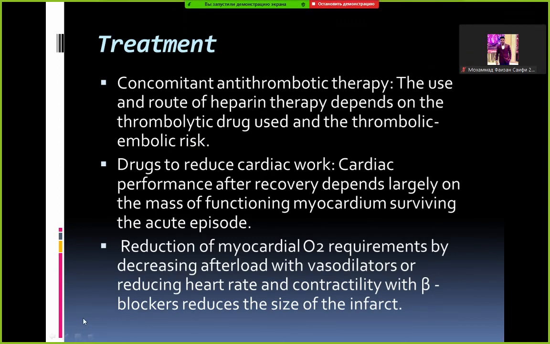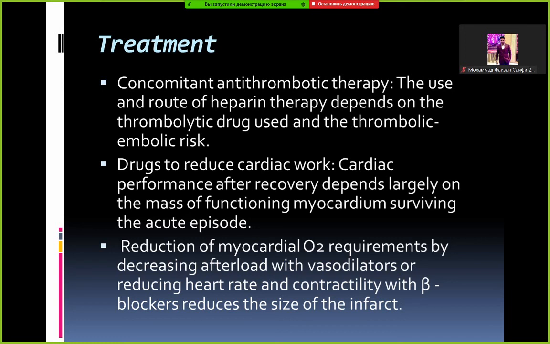Concomitant antithrombotic therapy. The use and route of heparin therapy depends on the thrombolytic drug used and the thromboembolic risk. Then we must use drugs to reduce cardiac work. Cardiac performance after recovery depends largely on the mass of functioning myocardium surviving the acute episodes.